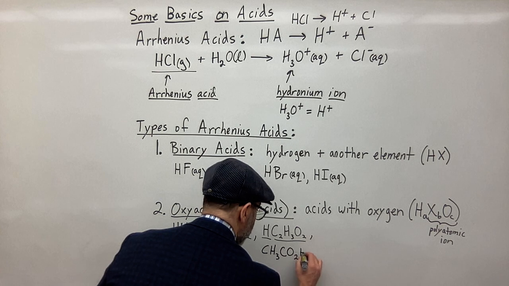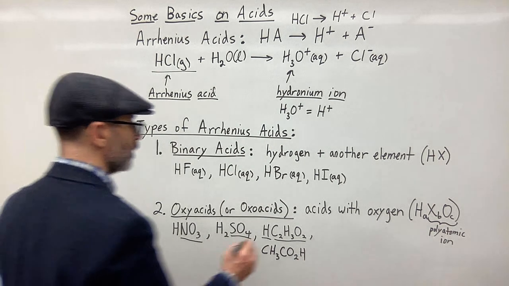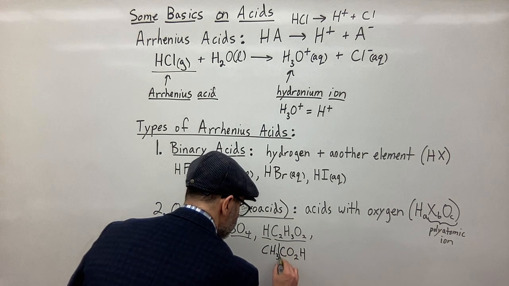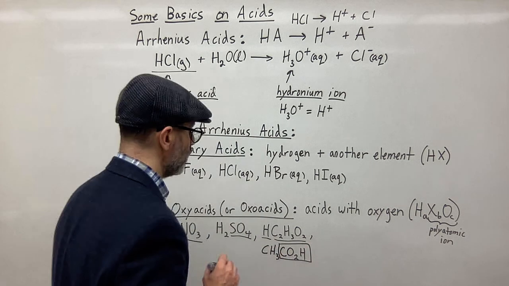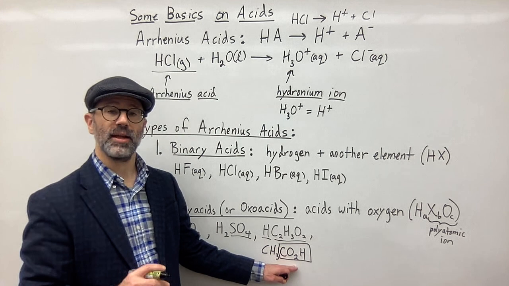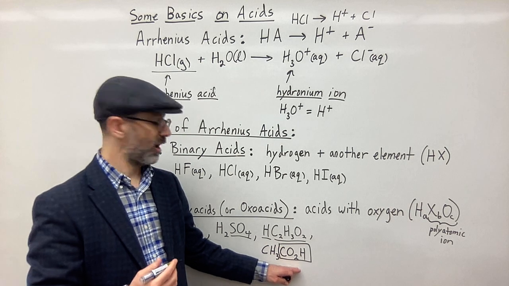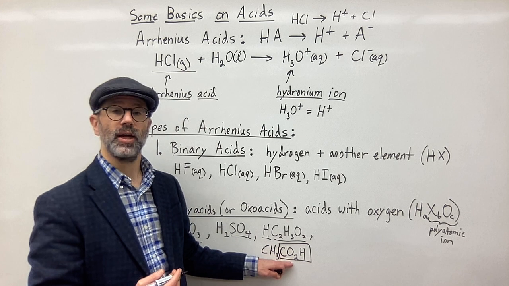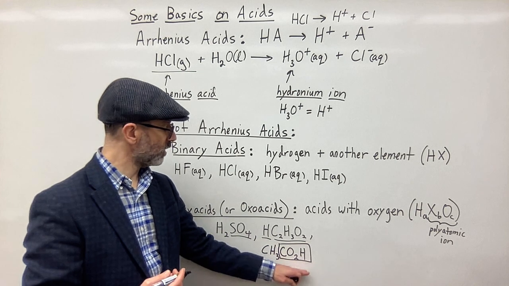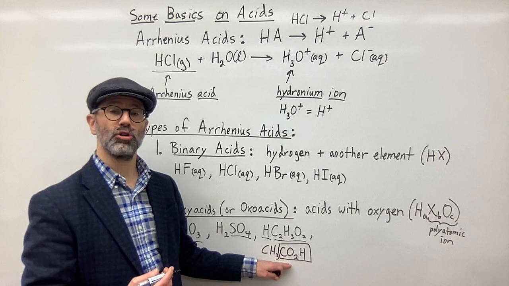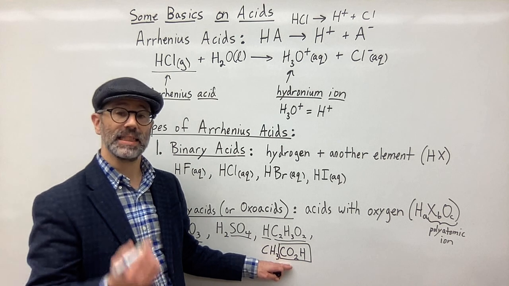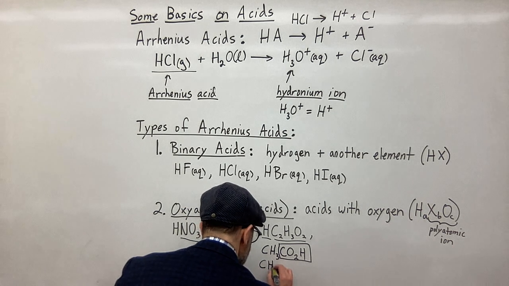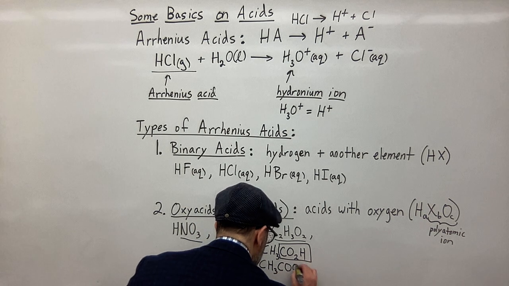CH3CO2H, and this part here is important to remember. If you see something with a CO2H in it, that indicates that there's a carboxyl group. This is a carboxyl group, and if you see O2H, if you see this group, that indicates a carboxylic acid. You could write it this way too: CH3COOH.